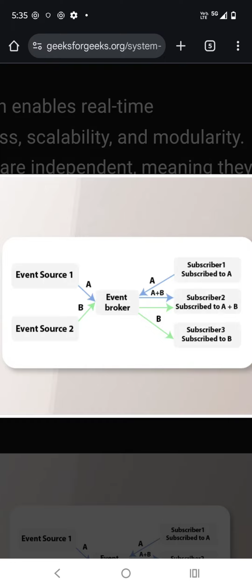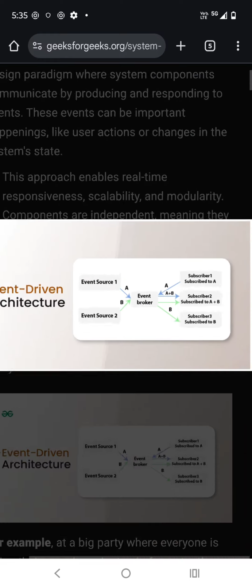There is an event broker, and we publish those events to the event broker, and from the event broker different subscribers will consume those events.